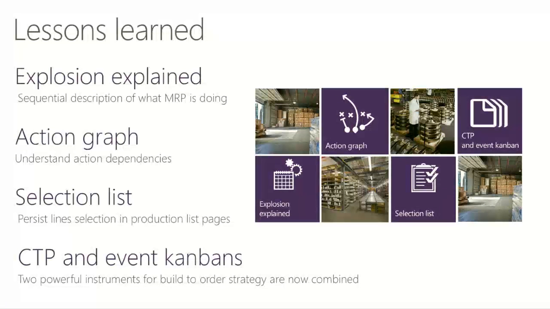Then I showed you the action graph, where you can see all the actions and how they're related together, and you have the option to apply the action with one click. I showed you how to select in a list and save that selection. And there's a blog explaining how you can take this to other pages.